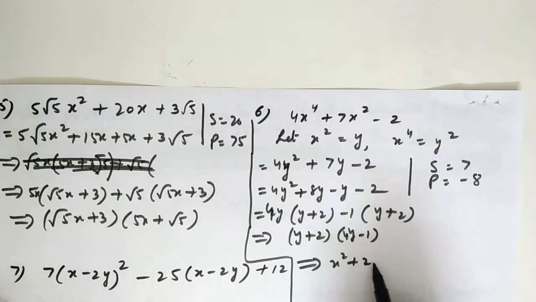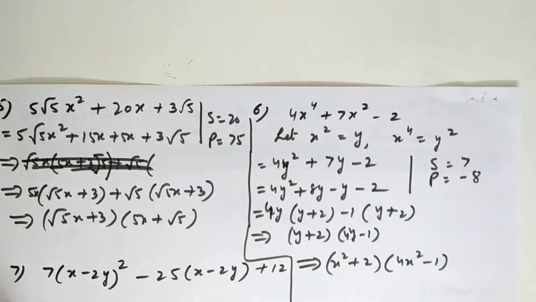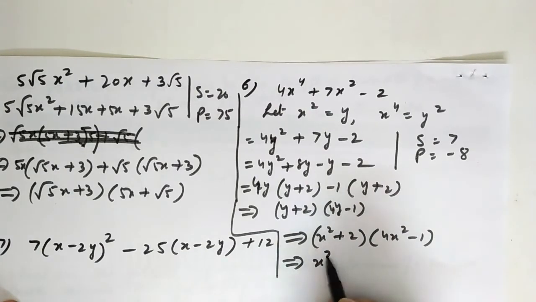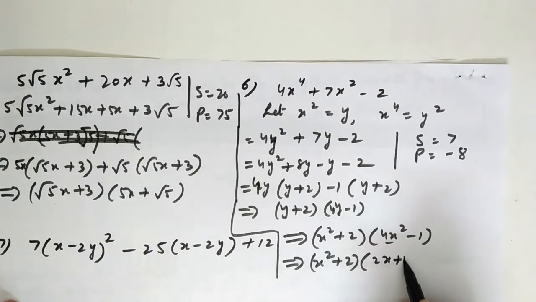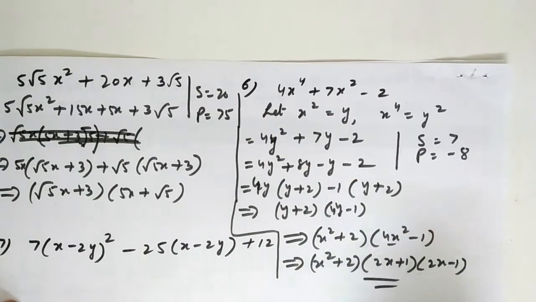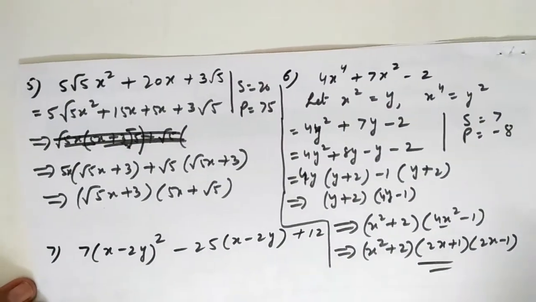So x square plus 2 and 4x square minus 1. यहाँ पर आप ये देख सकते हो जो सेकंड ब्रैकेट है, it can again be factorized. क्लास 8th में आपने आइडेंटिटी पढ़ी है a plus b, a minus b. So this is 2x whole square minus 1 square, so you can write it 2x plus 1, 2x minus 1. These are the factors of the given expression.